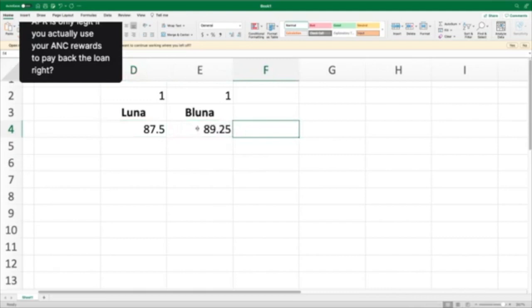Why is that important to know? Because when we talk about the mint and burn, essentially what we're saying is when you take this B Luna and you burn it back to Luna, I'm going to get 1 Luna. Sorry, I have these the wrong way. Let me flip that. My bad.